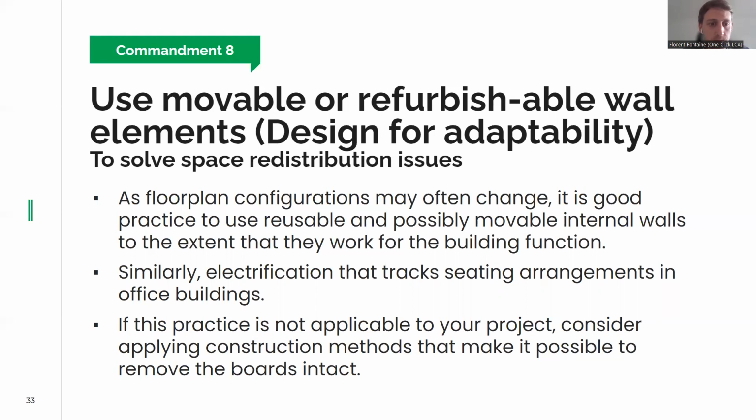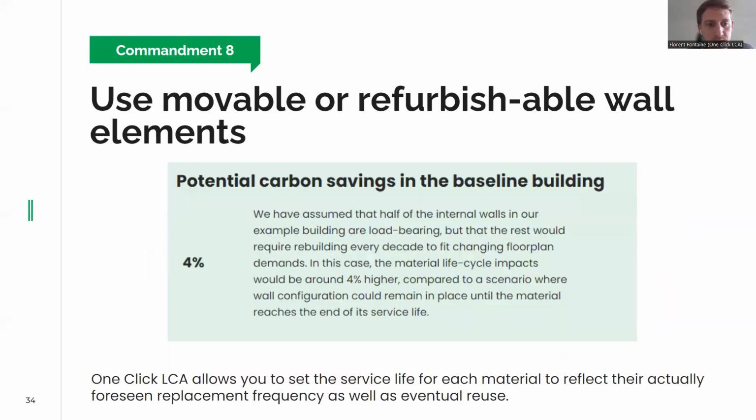For example, as floor plan configurations may often change, it is good practice to use reusable and possibly movable internal walls to the extent that they work for the building functions. And similarly, electrification that tracks seating arrangements in, for example, office buildings. These are good practices that you can also put in place in your building. This can result in up to 4% potential carbon savings.